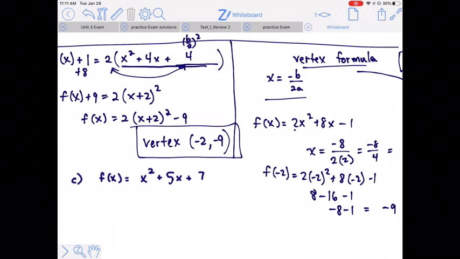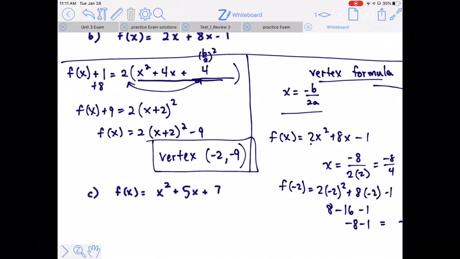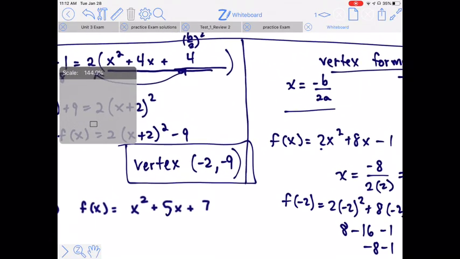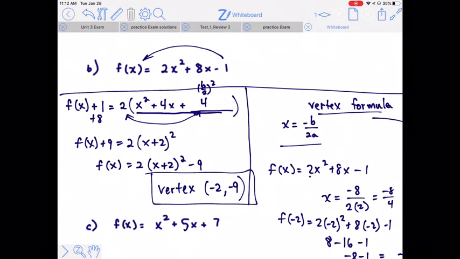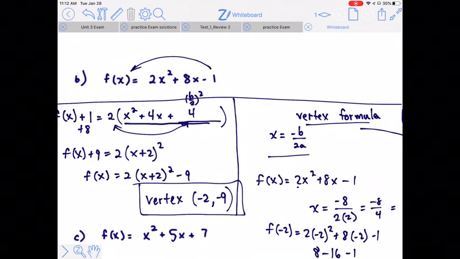And I got so caught up in finishing the problem that I didn't actually answer the question here on part B, so let me scoot back up here. Now the question was not just to find the vertex, but to state whether it's a minimum or a maximum. And because this leading coefficient is +2, the vertex was -2, -9.